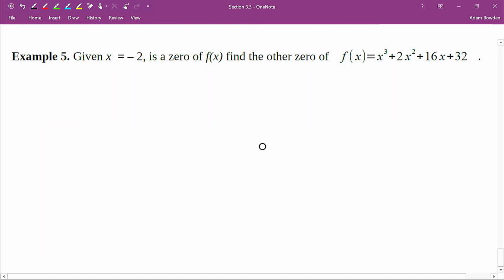Now on this one it says given x equals -2 is a root of f of x, find the other zeros of f of x equals x cubed plus 2x squared plus 16x plus 32. All right, so how we're going to have to do this one, we're going to use synthetic division again.